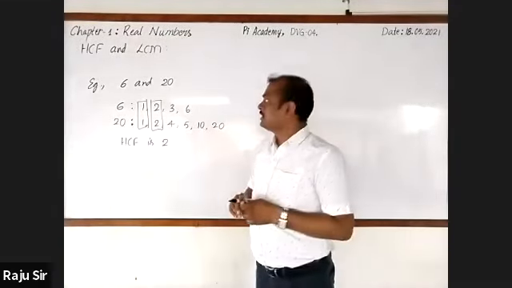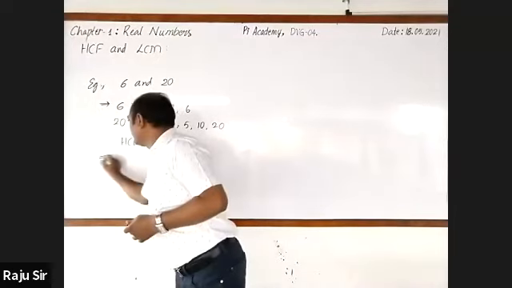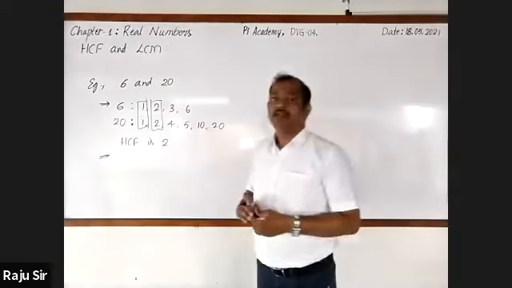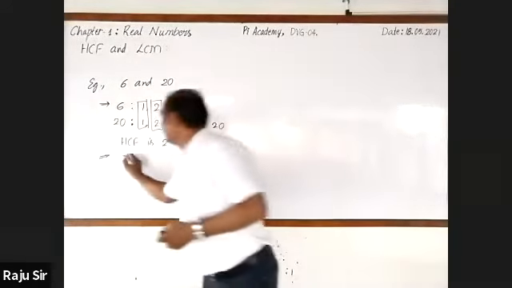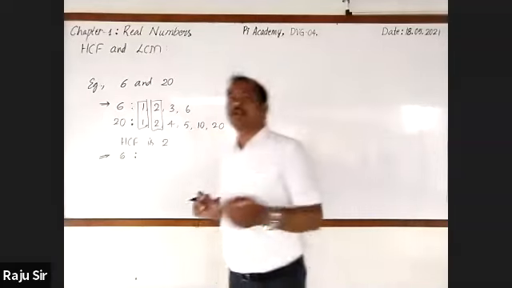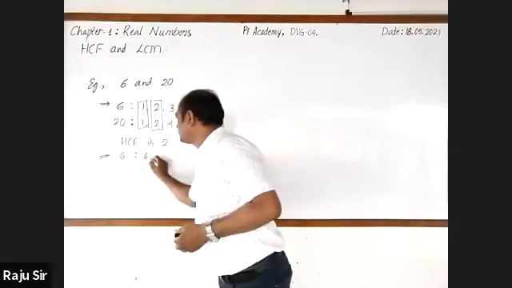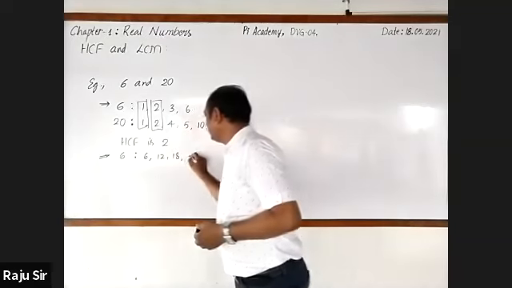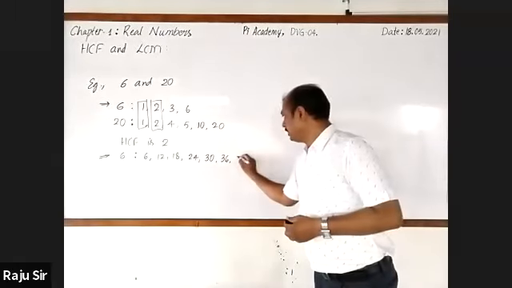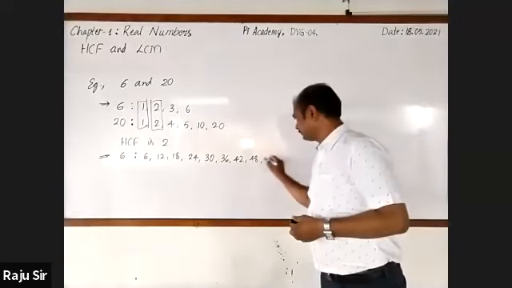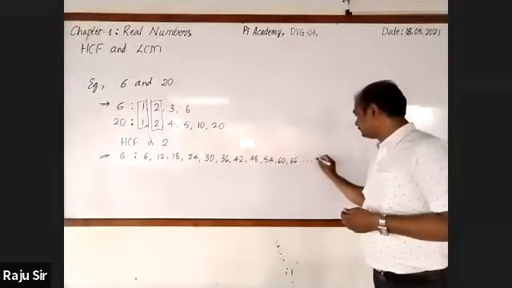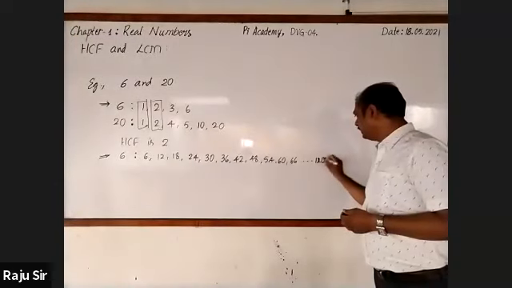Is it done? Similarly, to find the LCM of the given numbers, I'm going to make you recall the steps you used to follow in your previous class. Here, I'll take the multiples of both 6 and 20. You may recall the table of 6. It is 6, 12, 18, 24, 30, 36, 42, 48, 54, 60, 66, and so on, even 114, 120, like that.